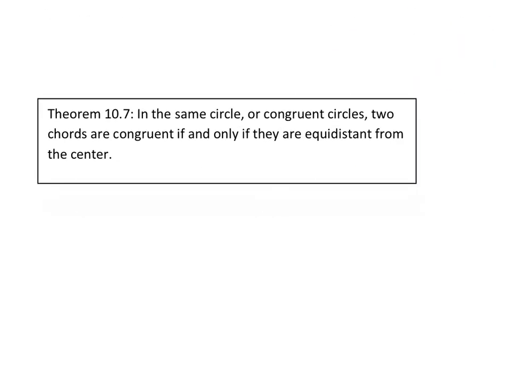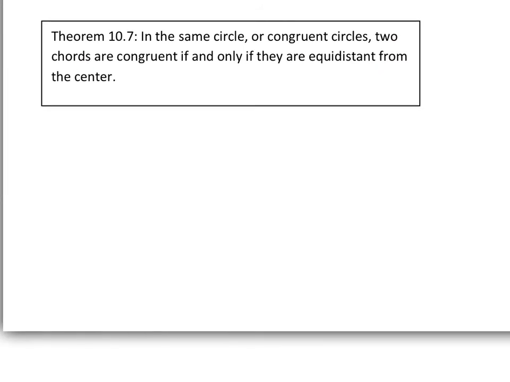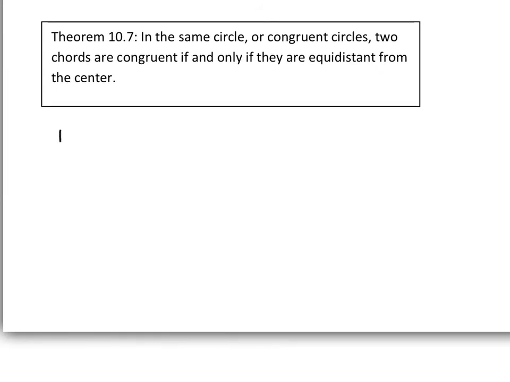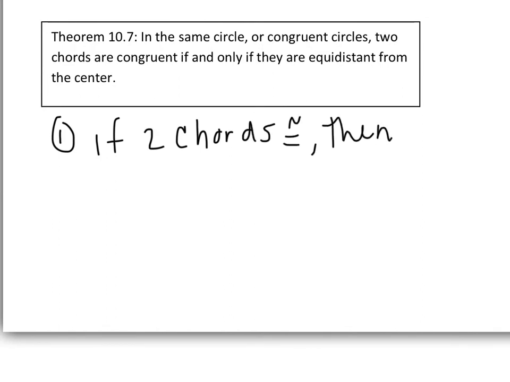And last, if in the same circle, or two congruent circles, two chords are congruent if and only if they're equidistant from the center. Because this is an if and only if statement, there are actually two statements here in one. The first statement is if two chords are congruent, then they are equidistant from the center.